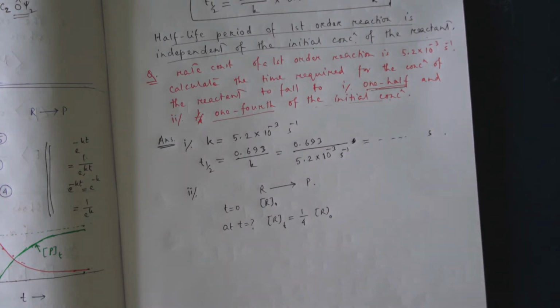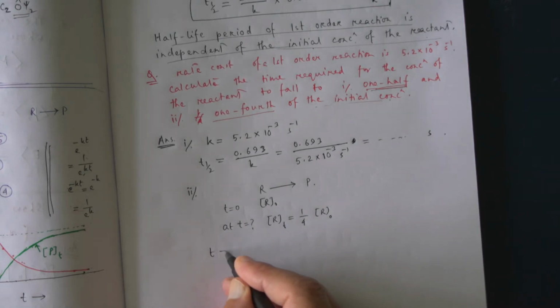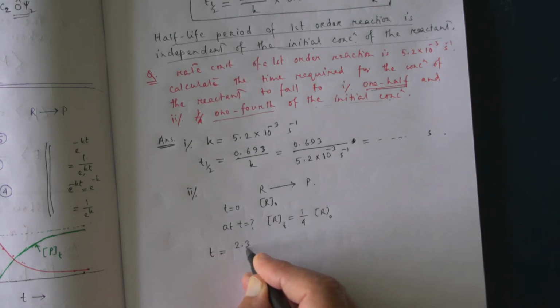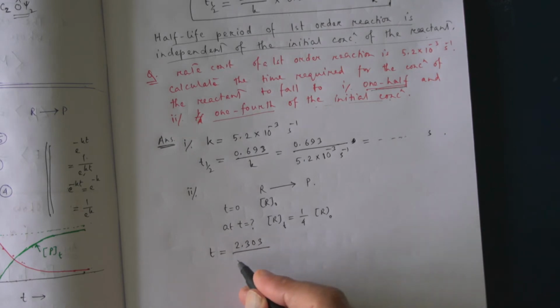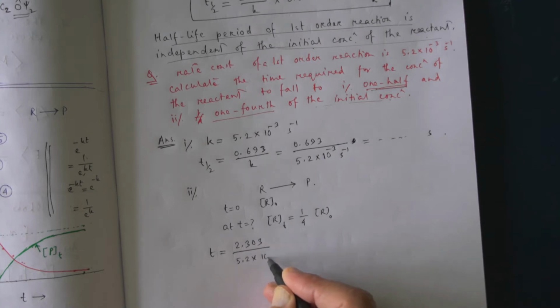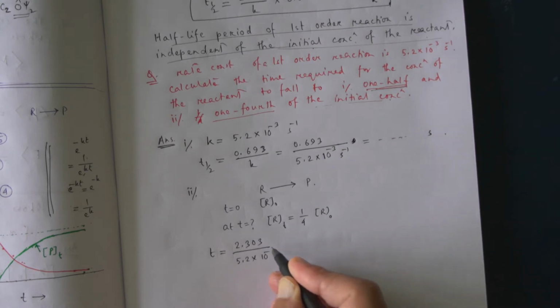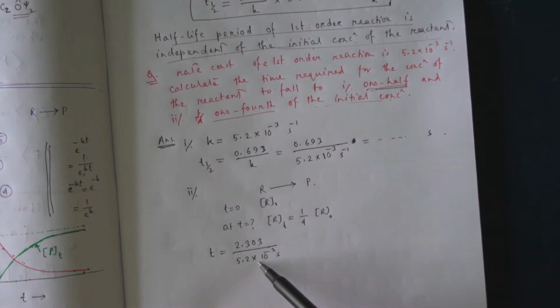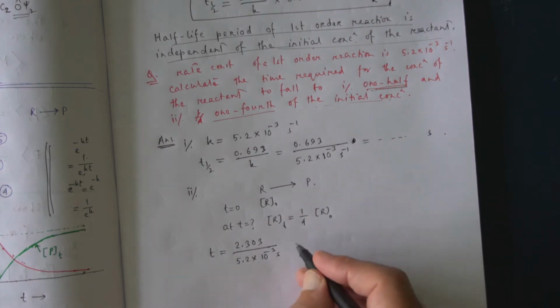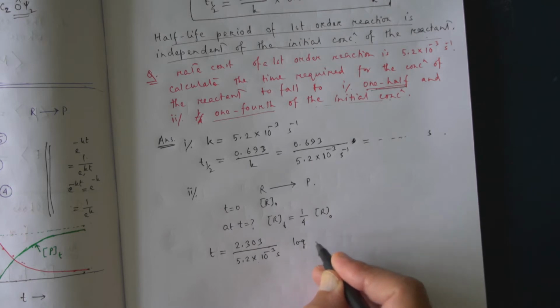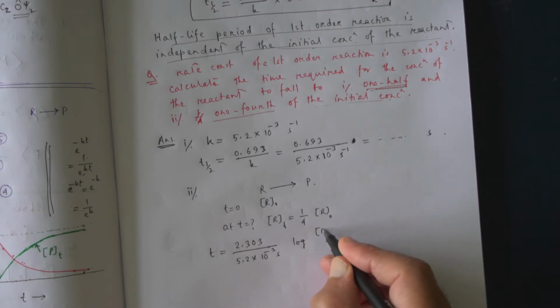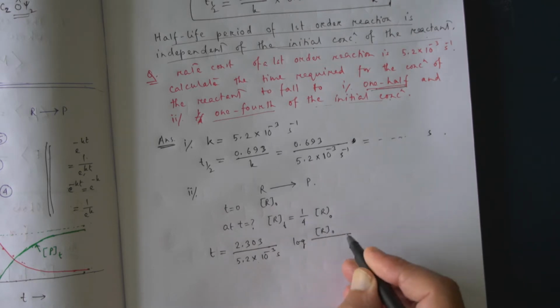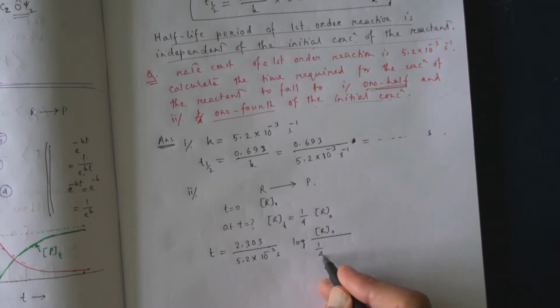Okay, so we can use this: T equal to 2.303 by K. Okay, what is K? 5.2 into 10 to the power minus 3 second inverse. 2.303 by K, log of R naught over 1/4 R naught.